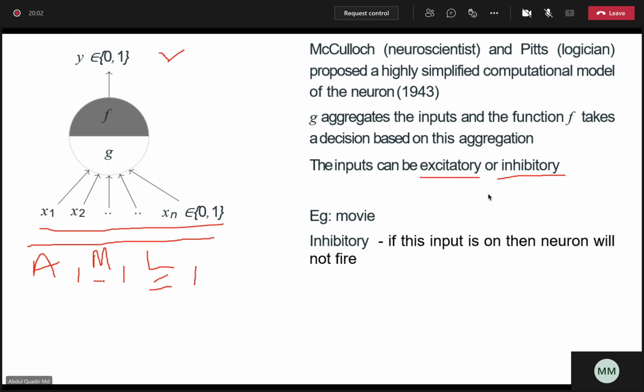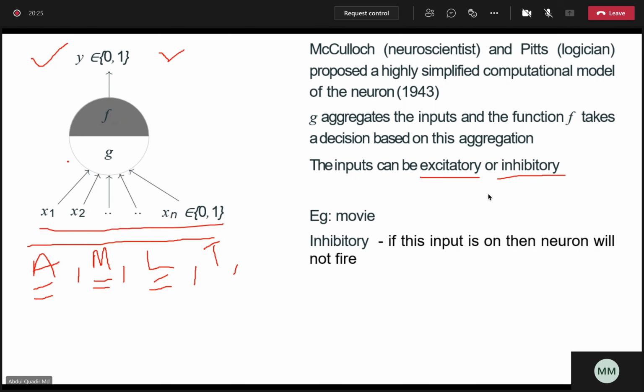My music should be fast, according to my taste and my mood. My favorite actor should be, say, Arnold. And it should be a thriller also. Only then will I trigger. I like the movie. I will fire. I will watch the movie.